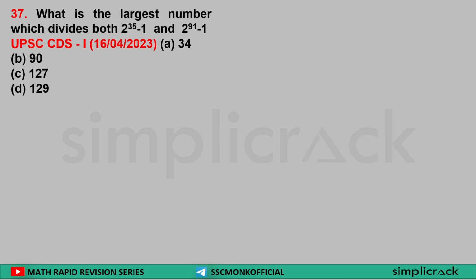Whenever you encounter such a question, if it is written as a number which can divide 2 to the power m minus 1 and 2 to the power n minus 1, then the highest common factor will be 2 to the power highest common factor of m and n, minus 1.